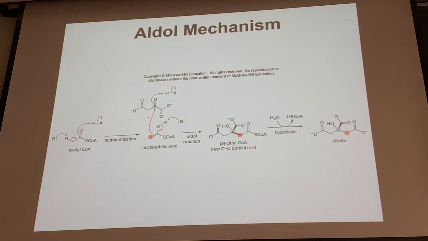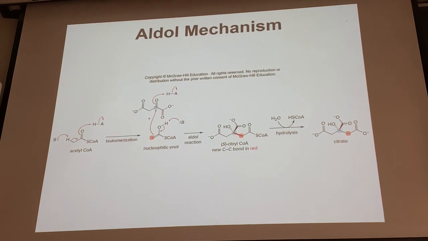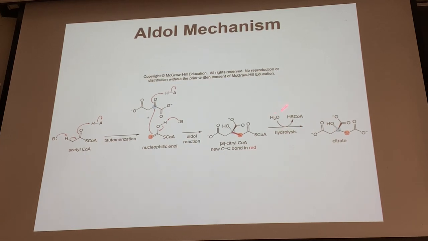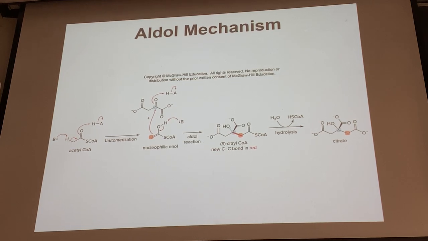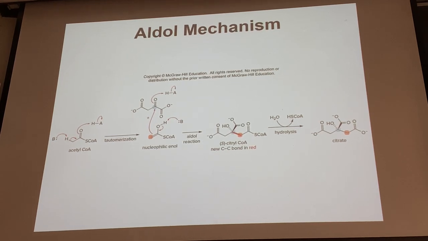Well, we had the thioester because it was the product of the beta oxidation pathway, and we can get it from pyruvate, of course. But that thioester now is then going to be hydrolyzed. This is just going to be a nucleophilic acyl substitution with water being deprotonated as the nucleophile, giving us citrate, or the conjugate base of citric acid, the molecule that gives the cycle its name. Okay. Any questions about this aldol reaction?